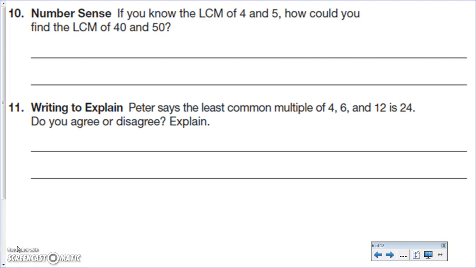Next, for number 10, we have a number sense question. If you know the least common multiple of 4 and 5, how could you find the least common multiple of 40 and 50? Well, we know that the least common multiple of 4 and 5 is 20, so we're going to write that down first.